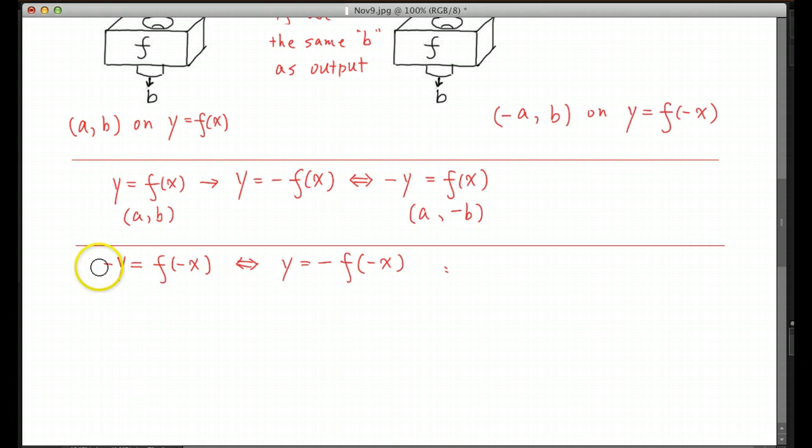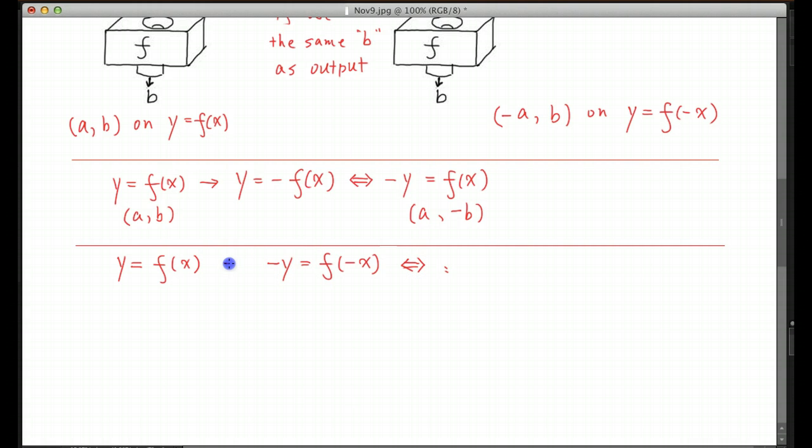Let me just modify this a little bit. I just write here the original one. So if this is the original one, and then it transforms to -f(-x), then we see this one is equivalent.